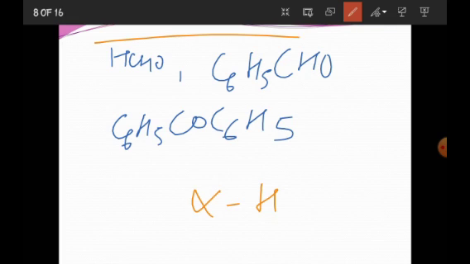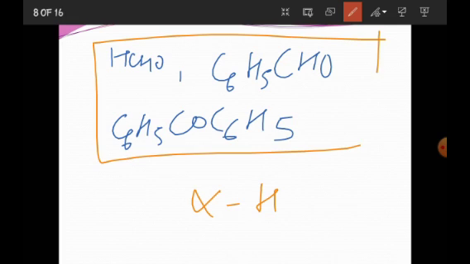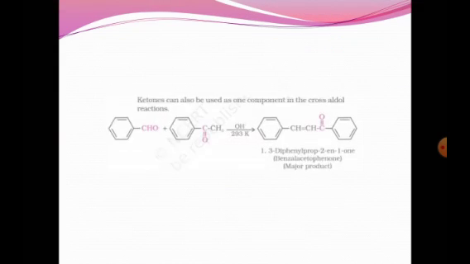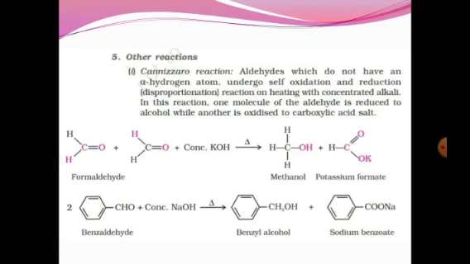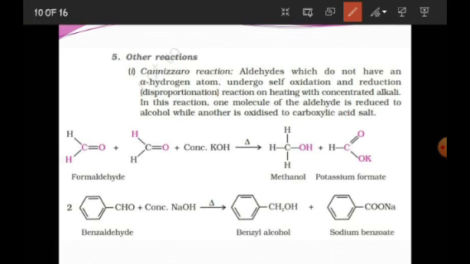Now we will see some reaction which is known as Cannizzaro reaction, which is for these compounds which do not have alpha hydrogen atom. So let us discuss Cannizzaro reaction. Aldehydes which do not have alpha hydrogen atom undergo self-oxidation and reduction, which is known as disproportionation reaction, on heating with conc alkali.